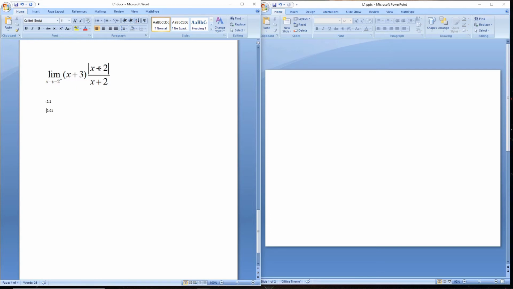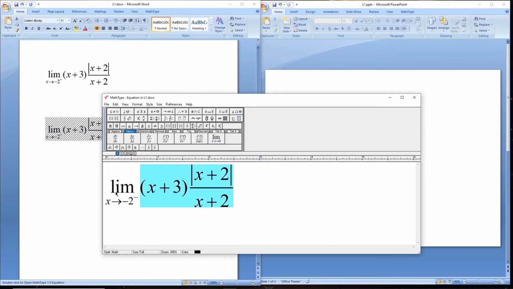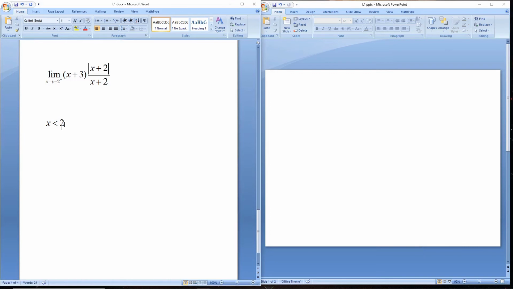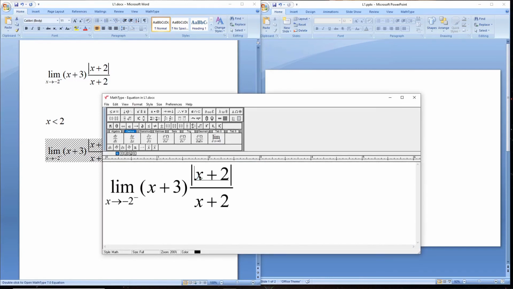And recall how we deal with an absolute value if we know it's always negative inside. So we know x is less than 2. And so the absolute value, what's inside, is always negative.